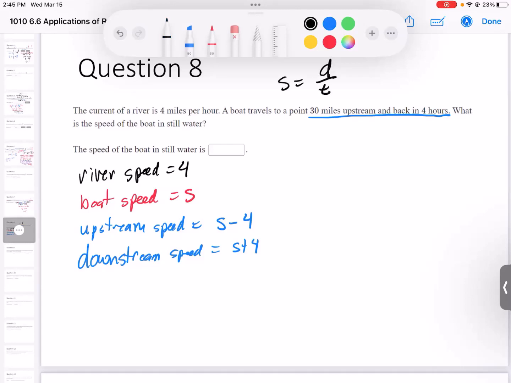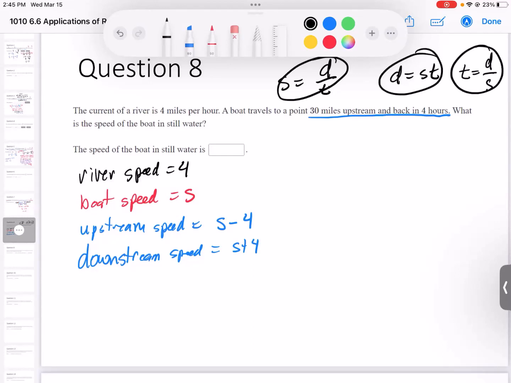But we can also write that formula as distance equals speed times time, right? Because you can multiply both sides by t. Or you could also write this as time equals distance divided by speed. All three of these formulas are communicating the same information. They're just solved for different variables. Is everybody good with that?